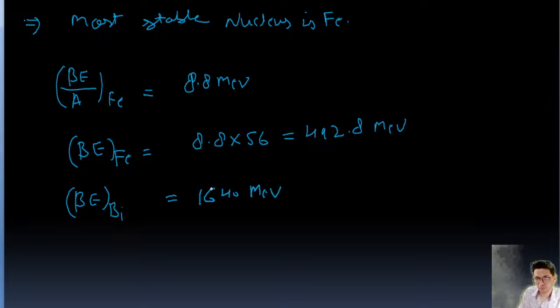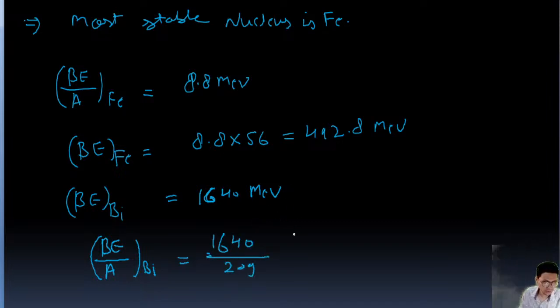The binding energy per nucleon for bismuth is 1640 upon 209, since its atomic mass is 209, so that is 7.8 MeV.